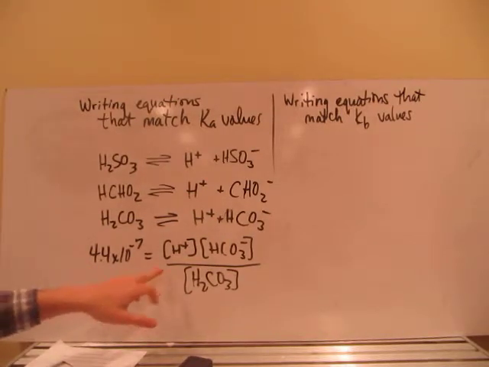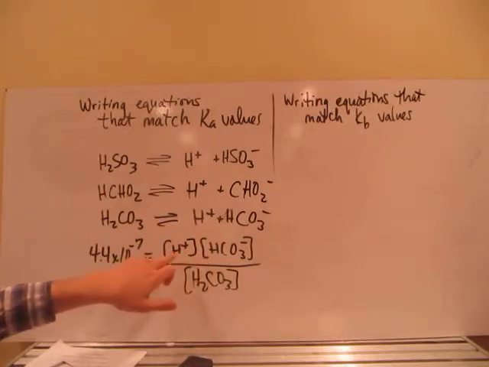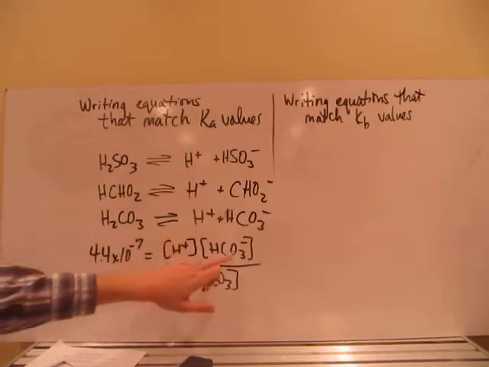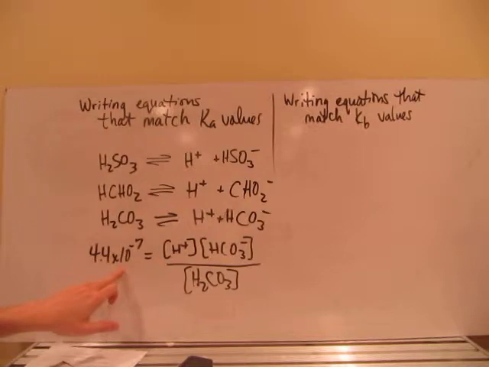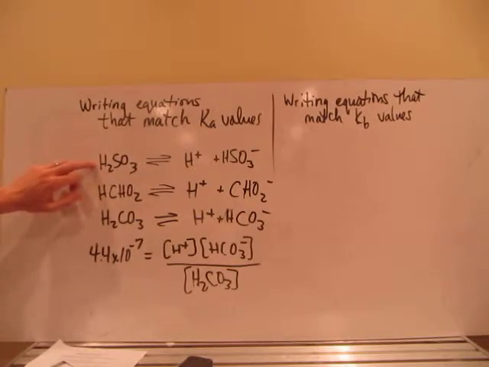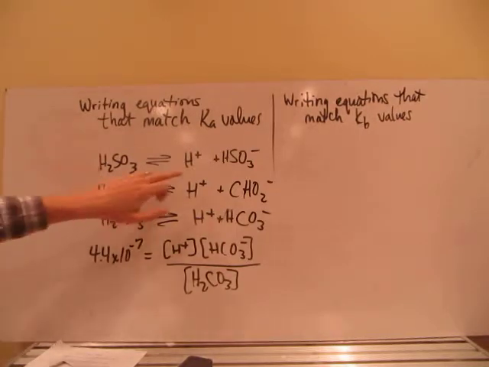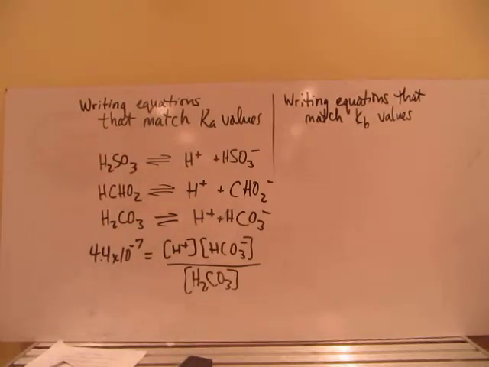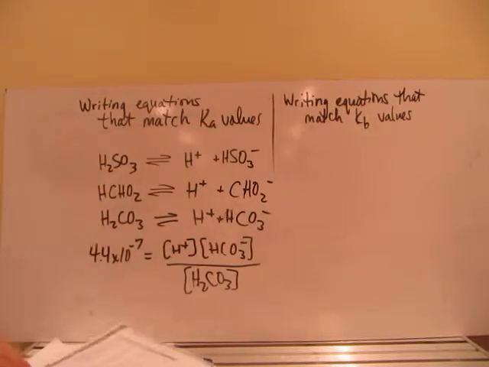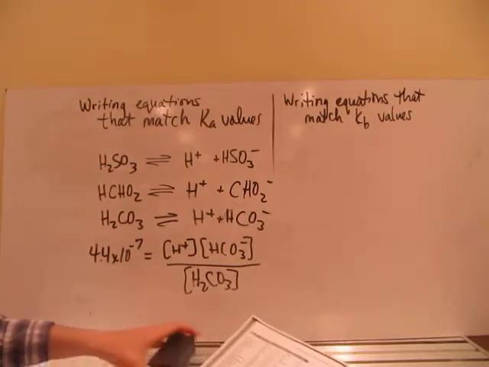This gives us some idea of how much of what's in the numerator we're going to see. This value is pretty small. They're all pretty small, but H2SO3 is much higher, so you get more protons. Anyway, so writing equations that match Kb values.